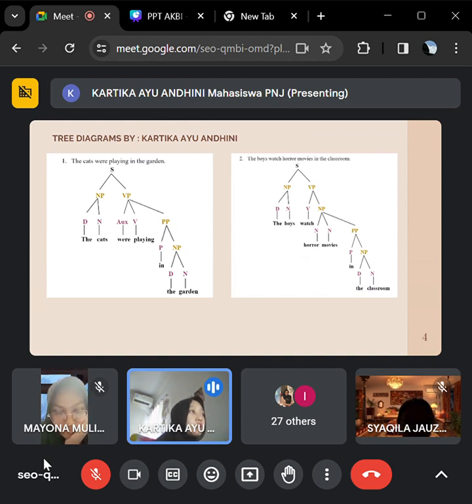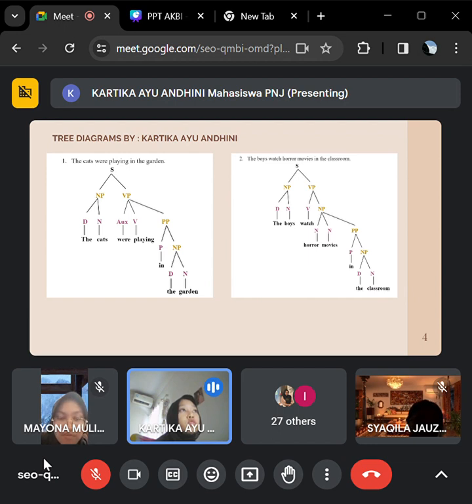And then in the verb phrase, there are auxiliary, verb, and prepositional phrase. The auxiliary is were, the verb is playing, and then the prepositional phrase: the preposition is in, and there is a noun phrase. The is determiner, and garden is noun.